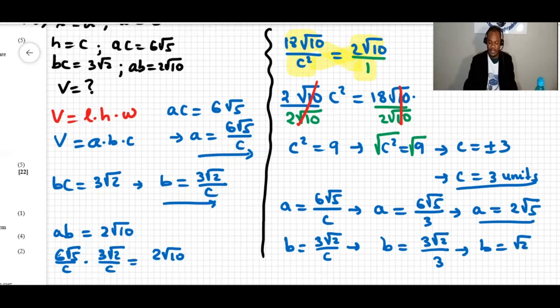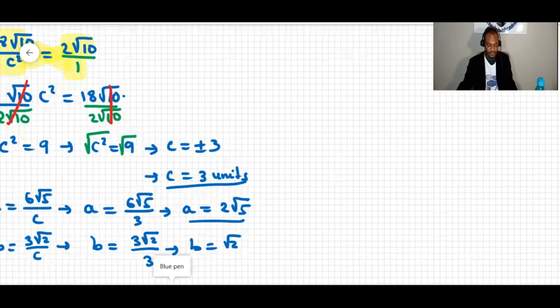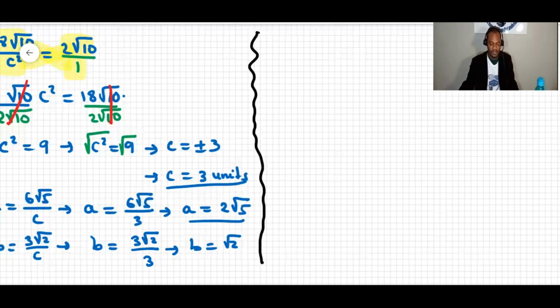Now that we have A, B, and C, we can calculate the volume of the box. As we said, the volume of the box is length times width times height, so A times B times C. The volume will be A, which is 2 root 5, B, which is root 2, and C, which is just 3.